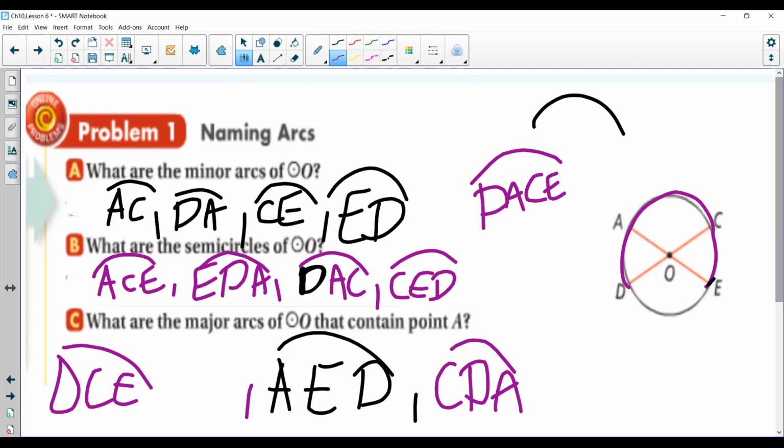Who can give me another major arc? You can say DEA, but it's like AED. It's the correct order, ECD.